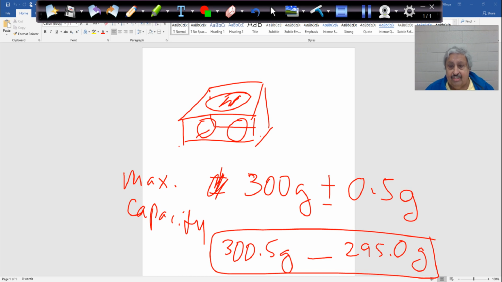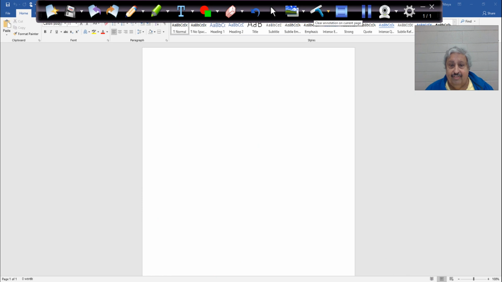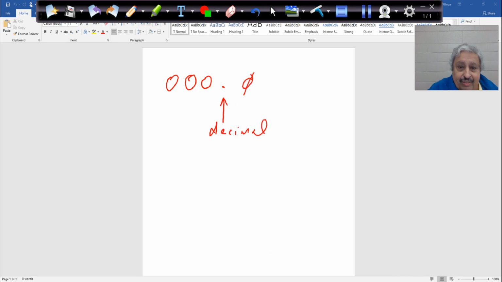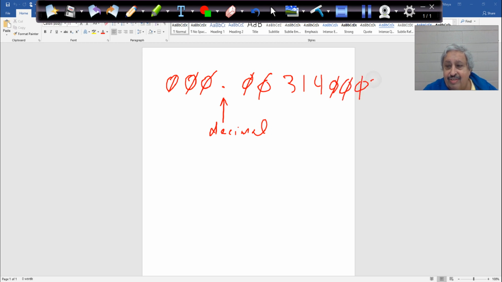So now let's look at significant figures. I want to show a number here and we have to determine its significant figures. So I have here 0.00314 0003 25 00.